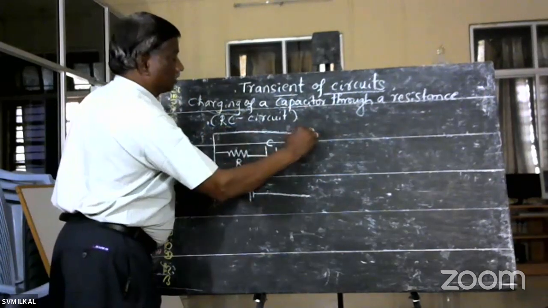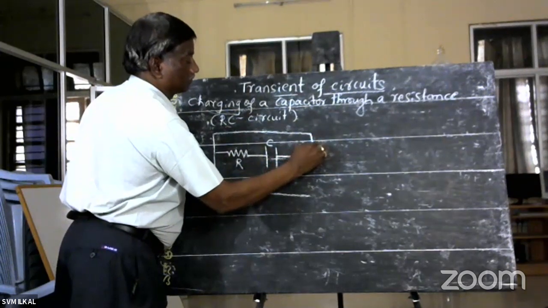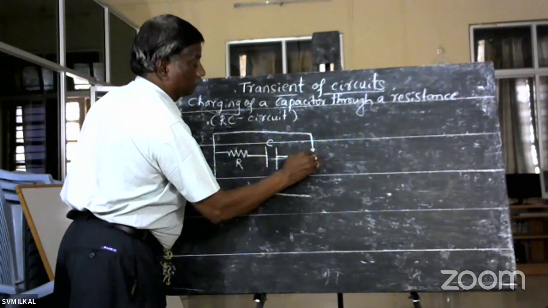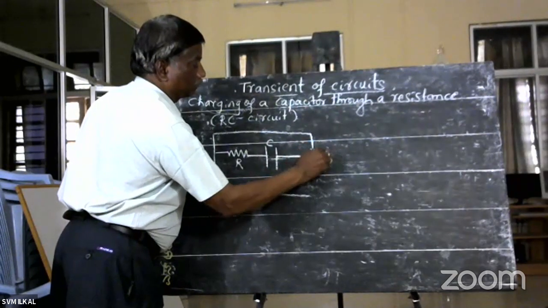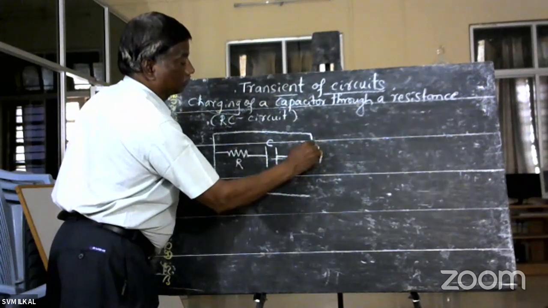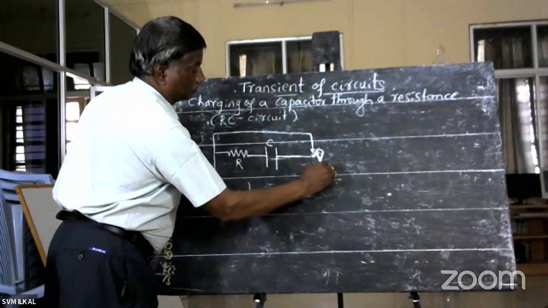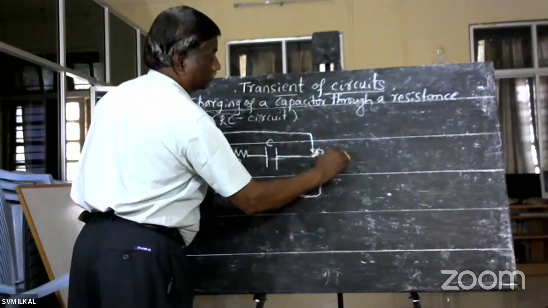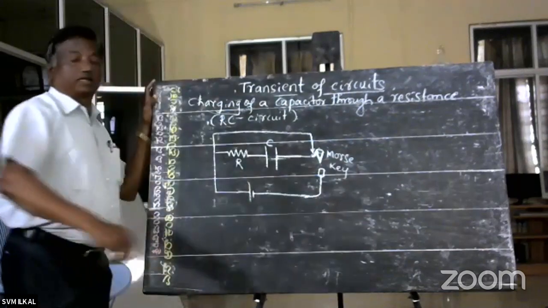And here it is connected to the Morse key. The Morse key is used for charging and discharging the capacitor.